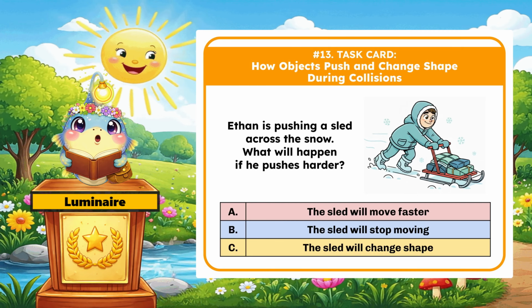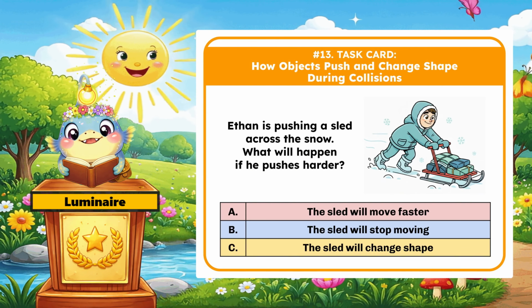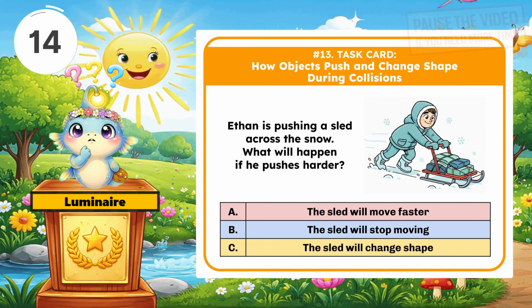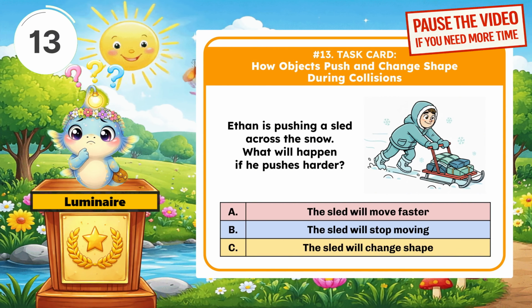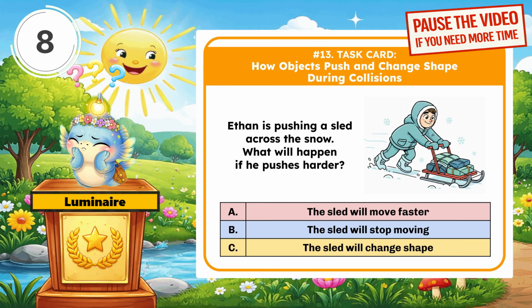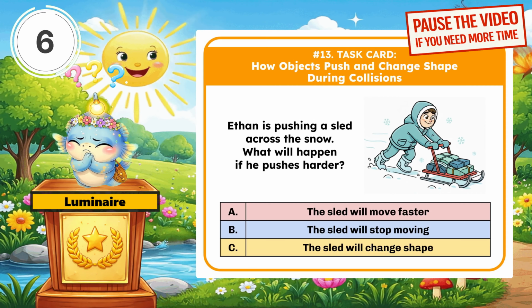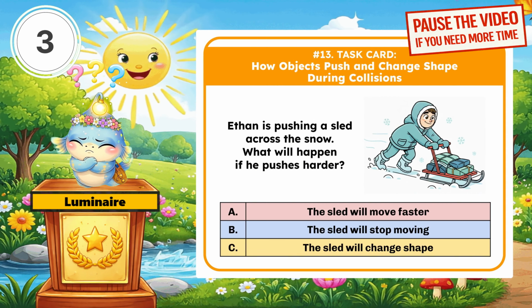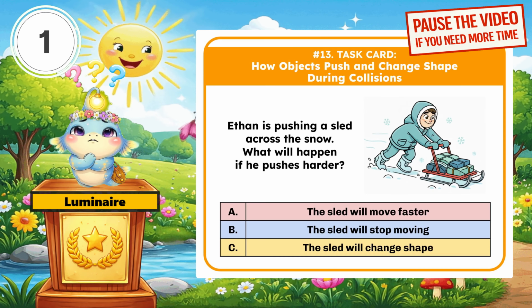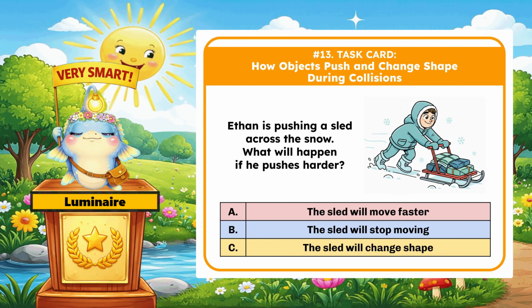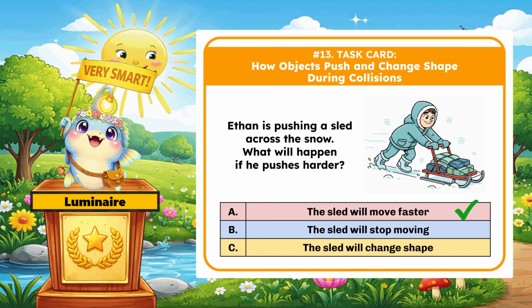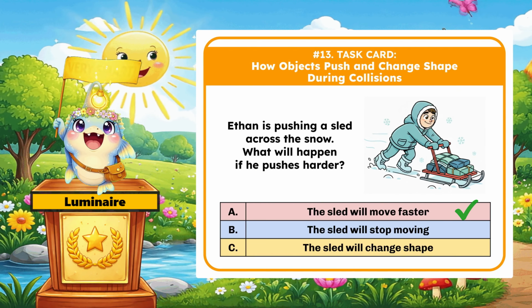Ethan is pushing a sled across the snow. What will happen if he pushes harder? And the correct answer is letter A. The sled will move faster.